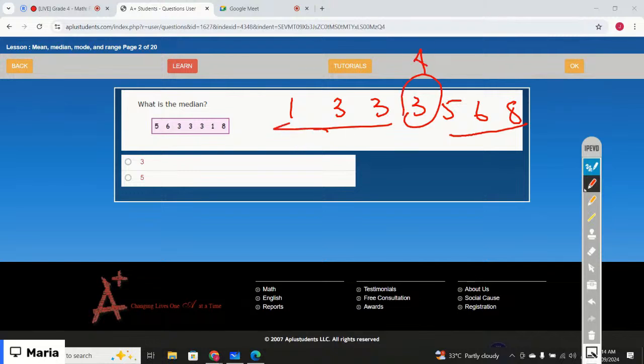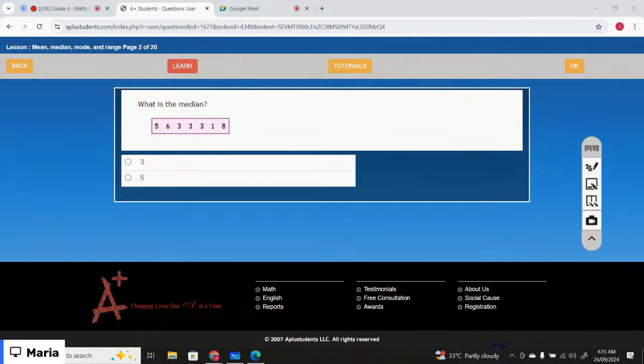So 3 is the median. Median is exactly the middle number. The correct option is 3.